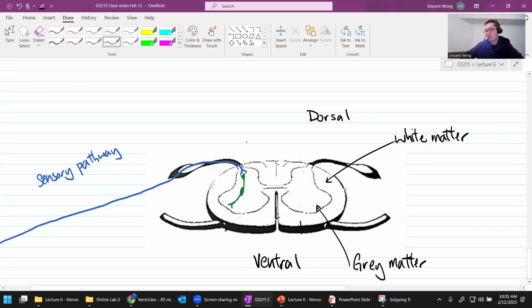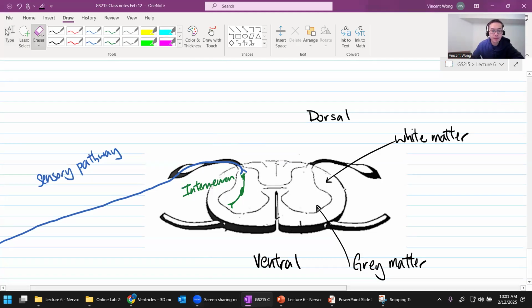What is the name of that? Very good. That is the interneuron. Okay. The oligodendrocyte is something else. That's for forming the myelin in the CNS. So that's the interneuron.